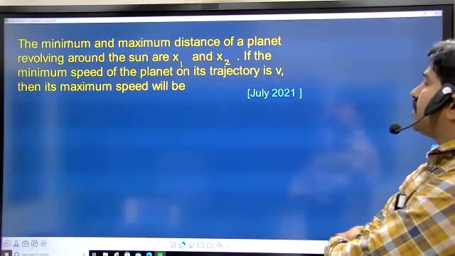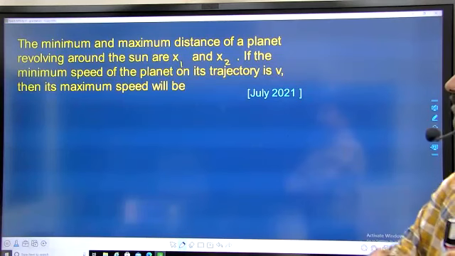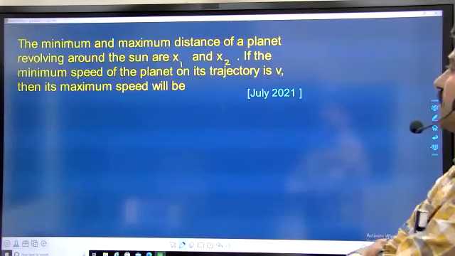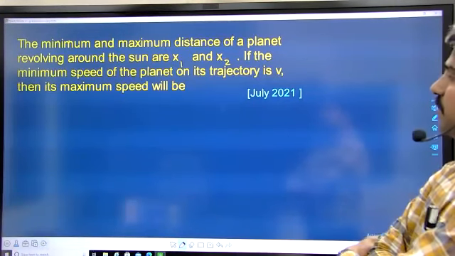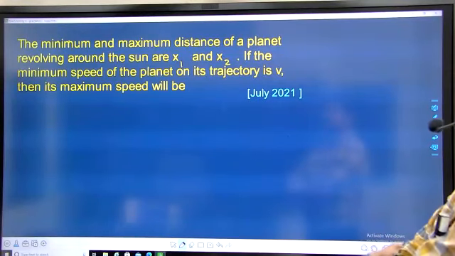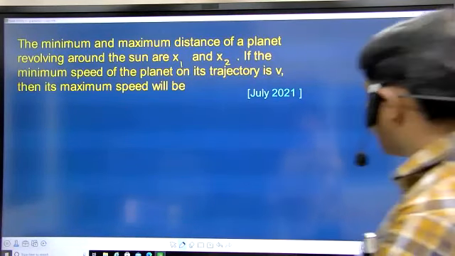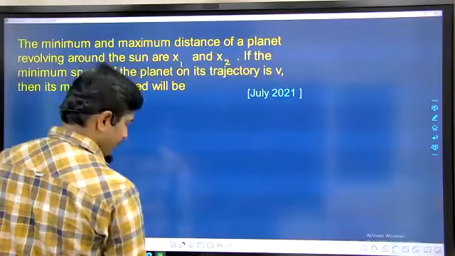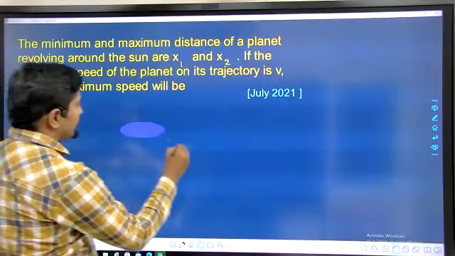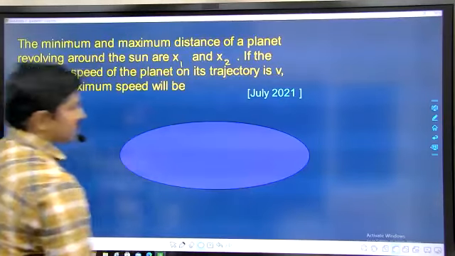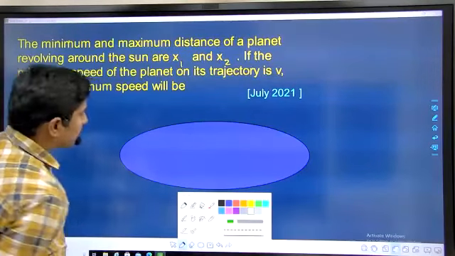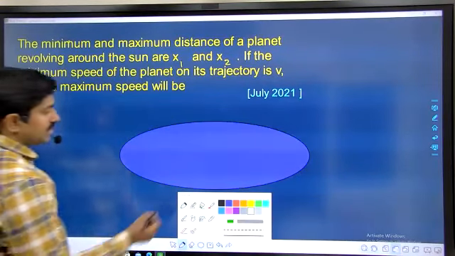The minimum and maximum distances of a planet revolving around the sun are x1 and x2. If the minimum speed of the planet on its trajectory is v, then what will its maximum speed be? I will just draw an elliptical path here.